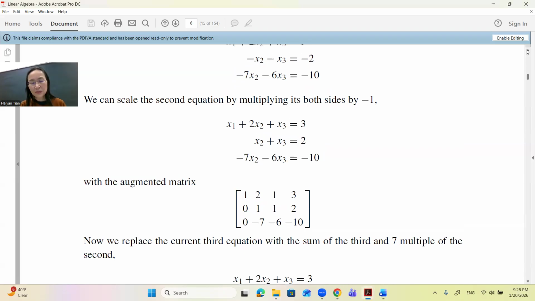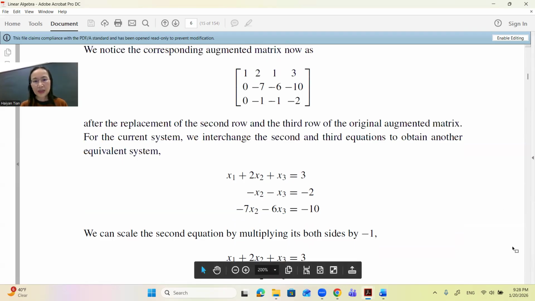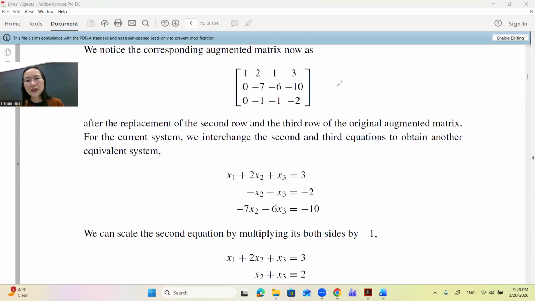So just like what we did here, we swap two equations. The first equation stays where it is, the second equation will be placed here, and the third equation will be here.